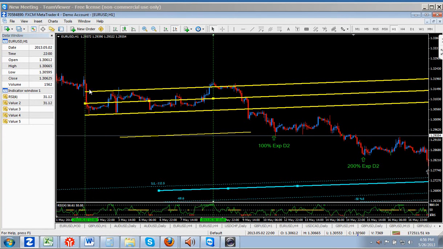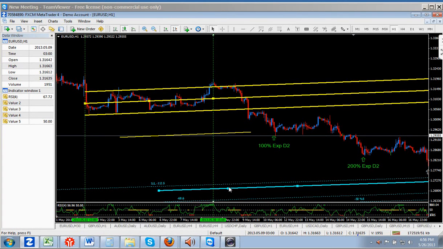Okay, what I did was I took the two highs, okay, of May 2nd and May 8th. Let the screen catch up because I understand there's a lag. And the yellow plot is what the standard deviation tool automatically draws. Okay.